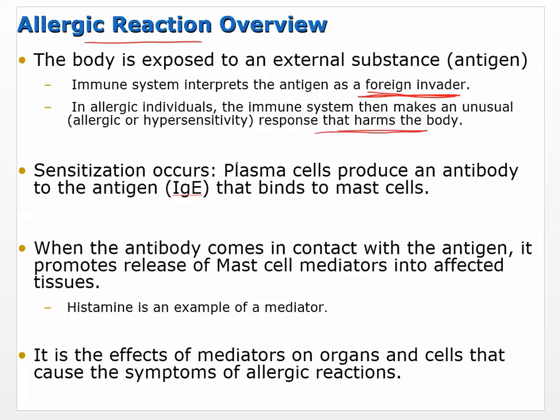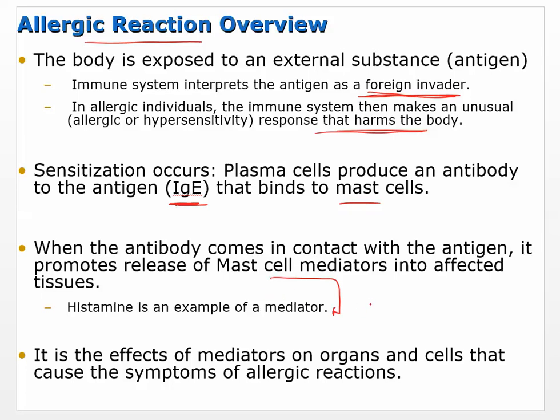Sensitization occurs. Initially there's not much going on. You won't have a reaction, but sensitization does occur, and the plasma cells start to produce this antibody. Specifically, they produce large amounts of IgE that binds to the mast cells, and then those mast cells, when the allergen comes back into contact with it, will release their mediators, their granules. And we've discussed that histamine is an example of a mediator.